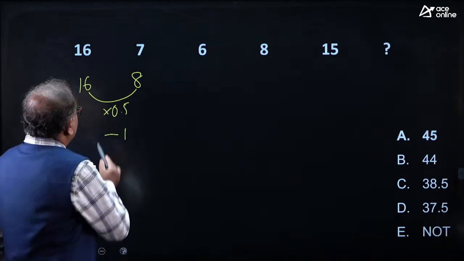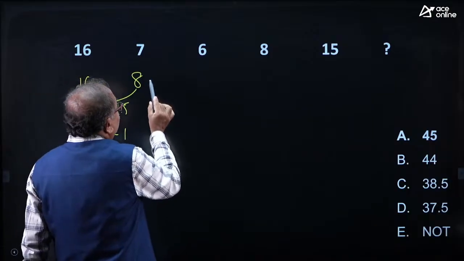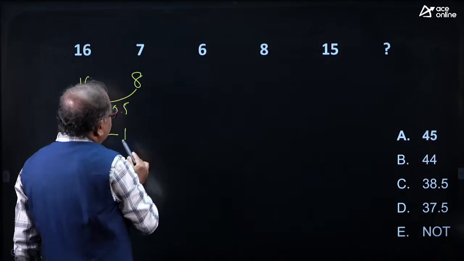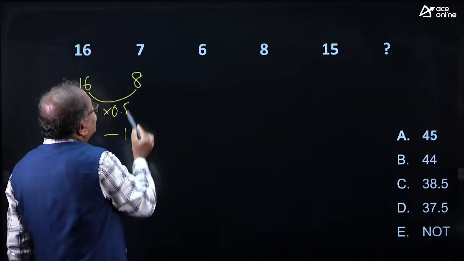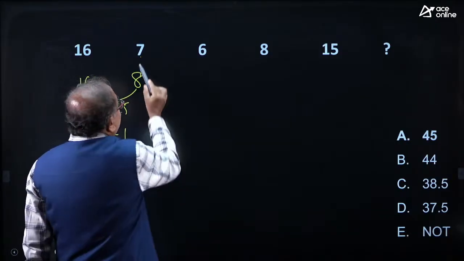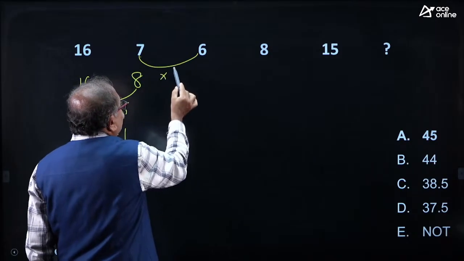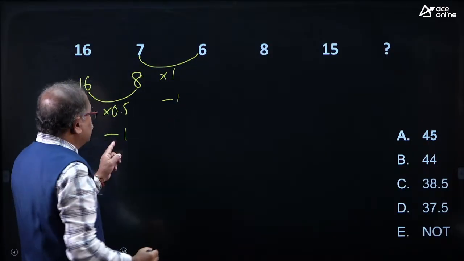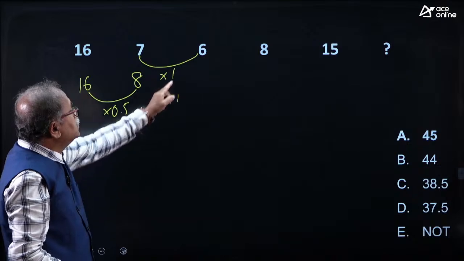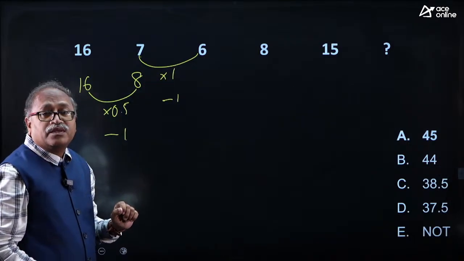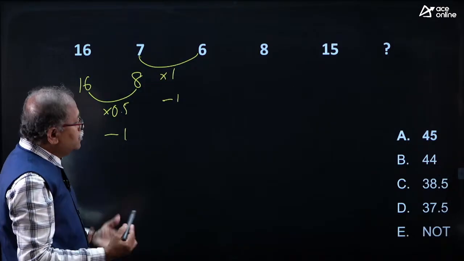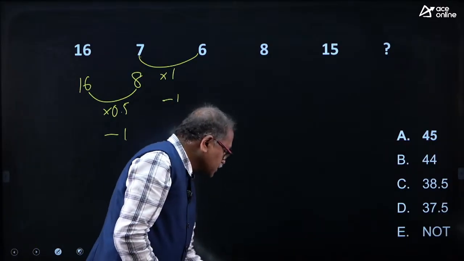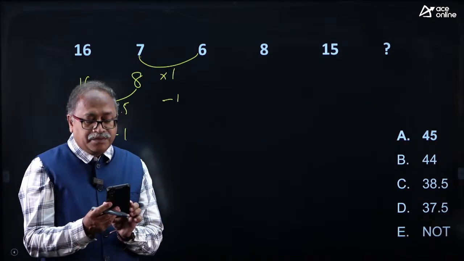So as it is into 0.5, from here to here, that comes minus 1, 8 minus 1, I am getting 7. Even if I go for into 1 over here, then I get 7. And as we did the minus 1 here, the minus 1 here, I am getting that number. Is it not? So look at the question from that angle, and let me share your answer.